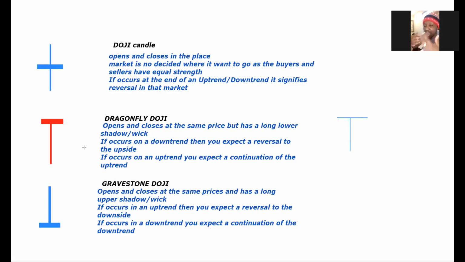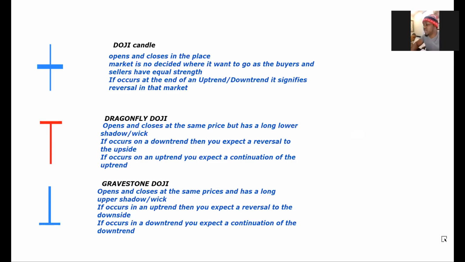But for the sake of us seeing what's going on, that's why I have a relatively bigger body than it's supposed to be. We'll probably make it smaller like that. Maybe that's gonna help. Same thing with this one. These are gonna be at the same exact point, open and close at the same exact point. I'm only drawing this bigger than it should be so that we can see it.